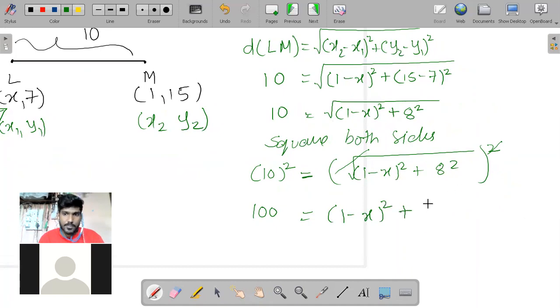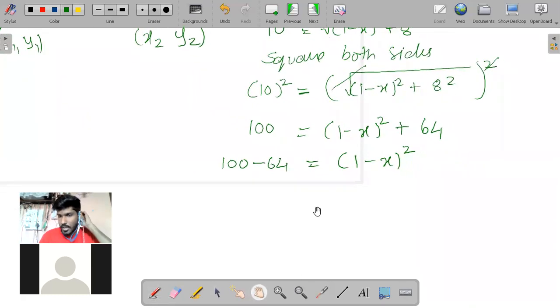What is 8 square? 64. Now this plus 64 you take on the other side. It will become 100 minus 64 is equal to (1 minus x) the whole square. How much is 100 minus 64? 36.